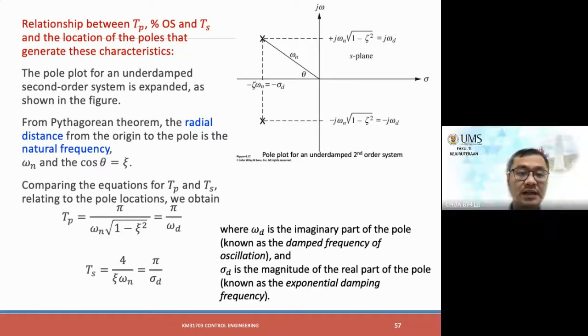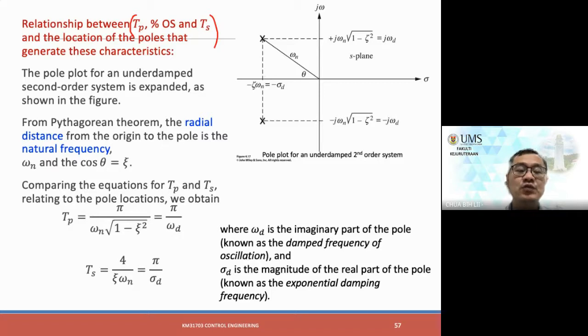Okay, so the last segment would be the relationship between the peak time, percent overshoot, and the settling time. So this would be important for the design, as I've mentioned previously.